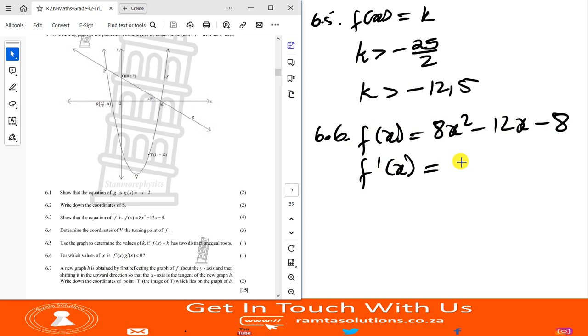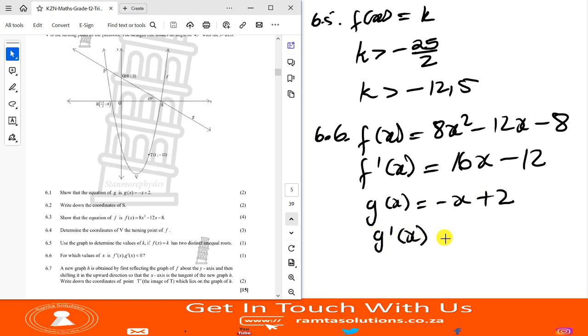Its first derivative is 16x minus 12. Then the first derivative of g. You said g of x is negative x plus 2. What is its derivative? Its derivative is negative 1.